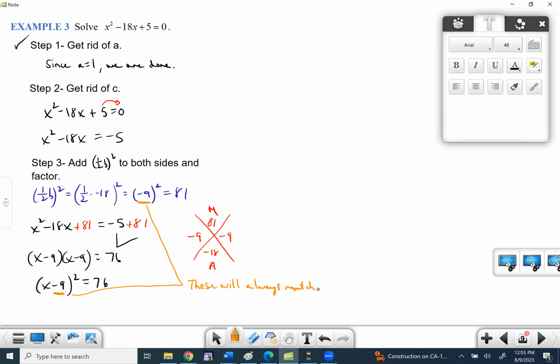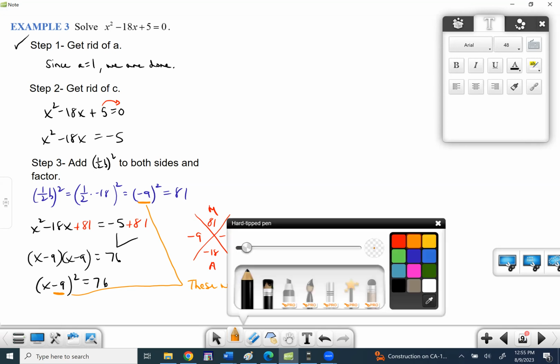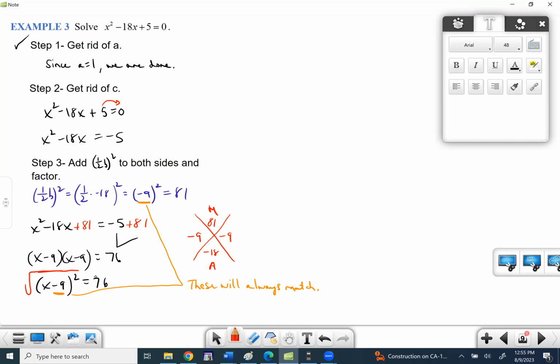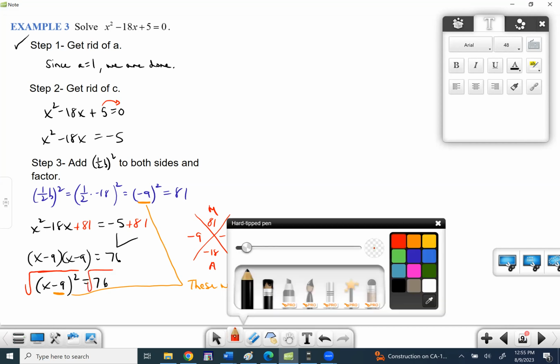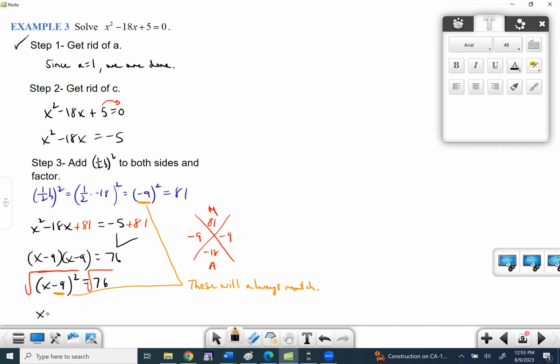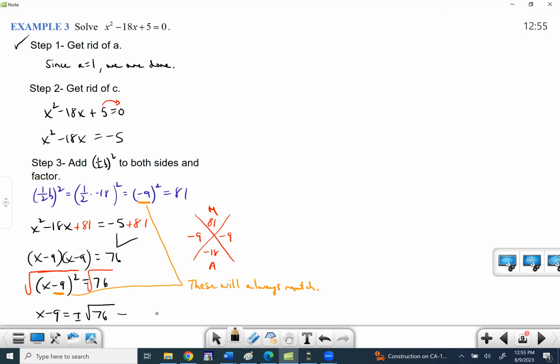Okay. All right, so now to get rid of the squared, we're going to square root. And this is just like that last example we did, right? So we're just kind of prepping ourselves for this. Don't forget your plus or minus, right? Okay, and then we're just going to move this up here into the corner. Save space.